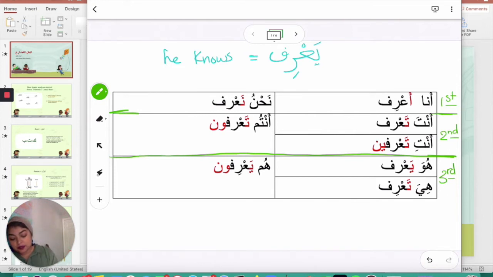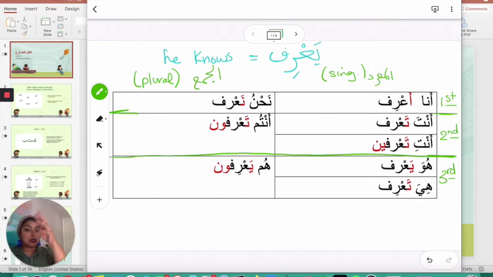And then we have al-mufrad, which is singular, when it's one person. And we have al-jama here, which is plural, when it's multiple. For the plural, we're talking about 3 or more. There's actually another one in between, which is the dual, when you have 2 people. We haven't covered the dual yet, so we're not going to worry about that.